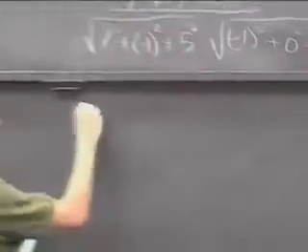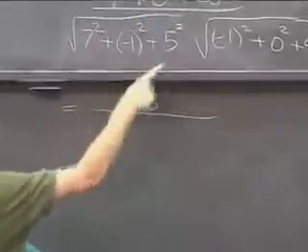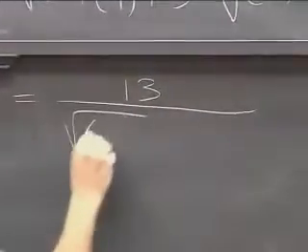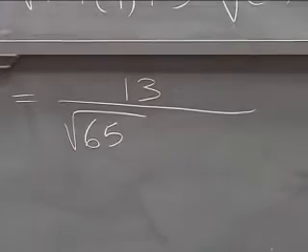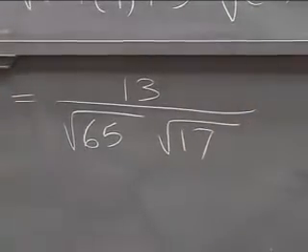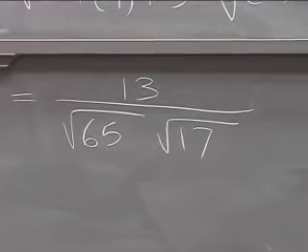So if we work this out, we get 13 over the product of 49 plus 25 is 64, but this will be root 65 because of the 1, and this will be root 17. This is not particularly pretty. That's the cosine of the angle between the vectors that describe the lines.